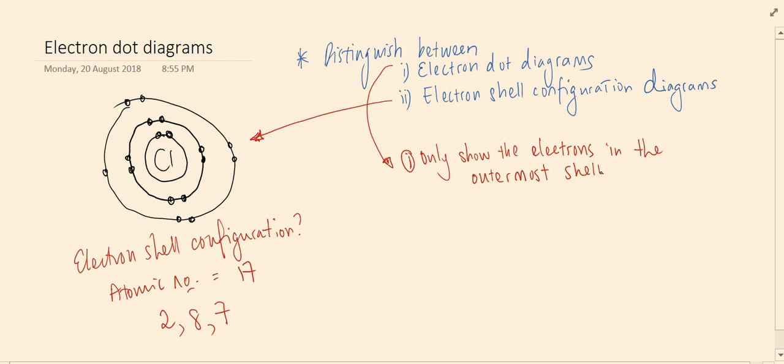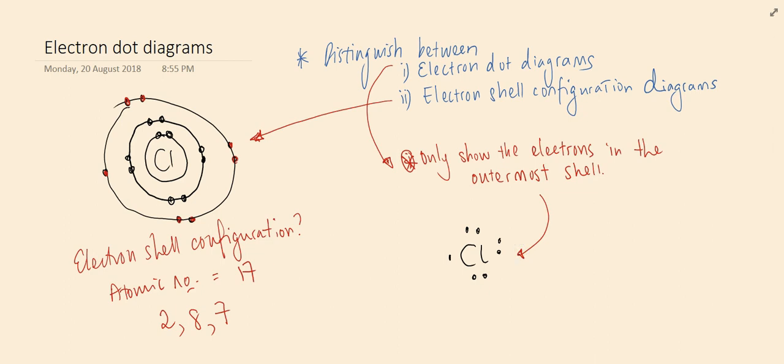So with chlorine here, chlorine has 7 electrons in its outermost shell, so I'll just shade them in here. And in terms of its electron dot diagram, we draw the atom symbol, and we just put those valence electrons around chlorine. This is what an electron dot diagram for chlorine looks like.